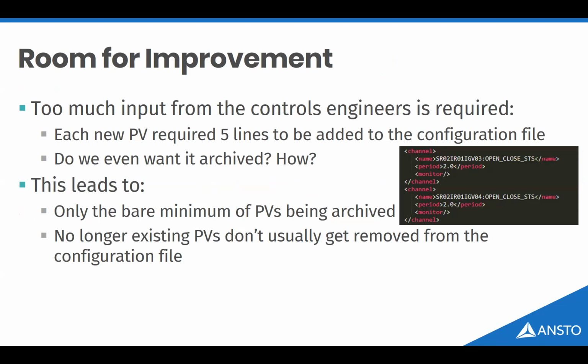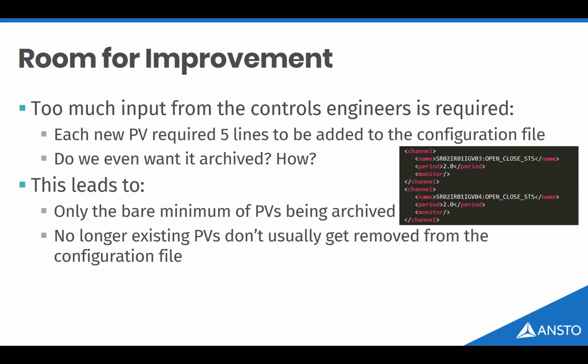So there was quite some input from controls engineers required. As you can see in the snippet on the right, this is what's required to archive 2 PVs. It was generally 5 lines of XML. There were some tools around, I think, to automatically do this, but they weren't really used that much. Every time we added new functionality, the question was what to archive so that there's not too much overhead, and we're not putting time into creating the XML and then never looking at it.